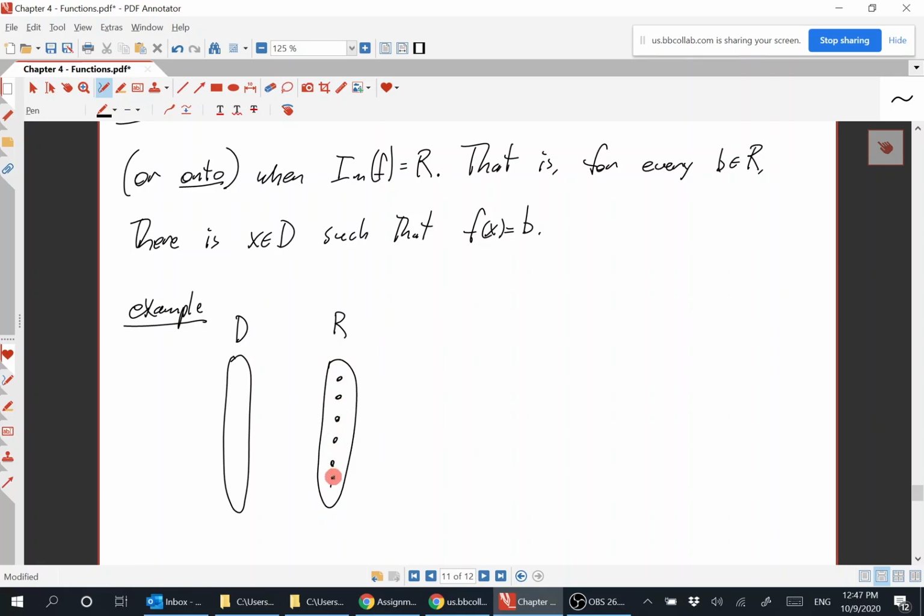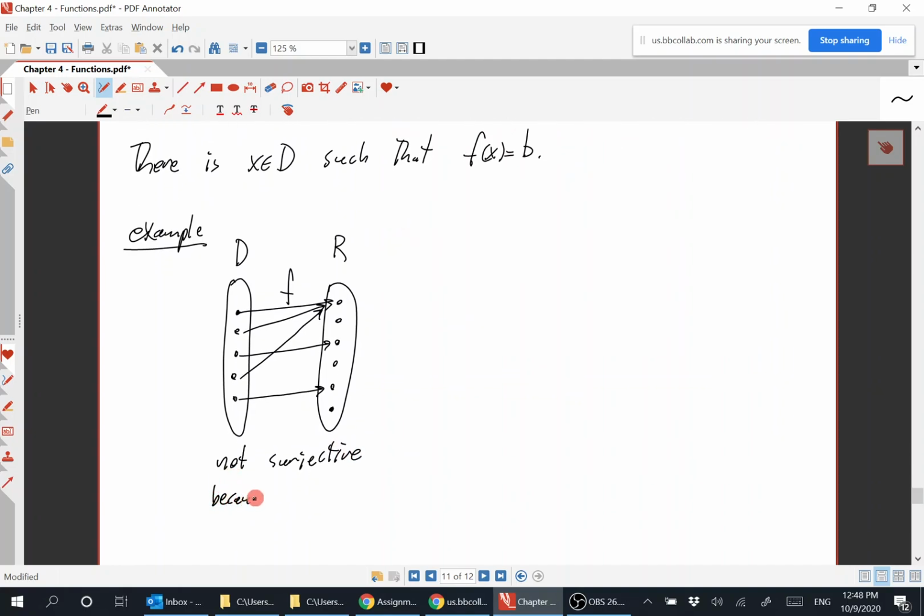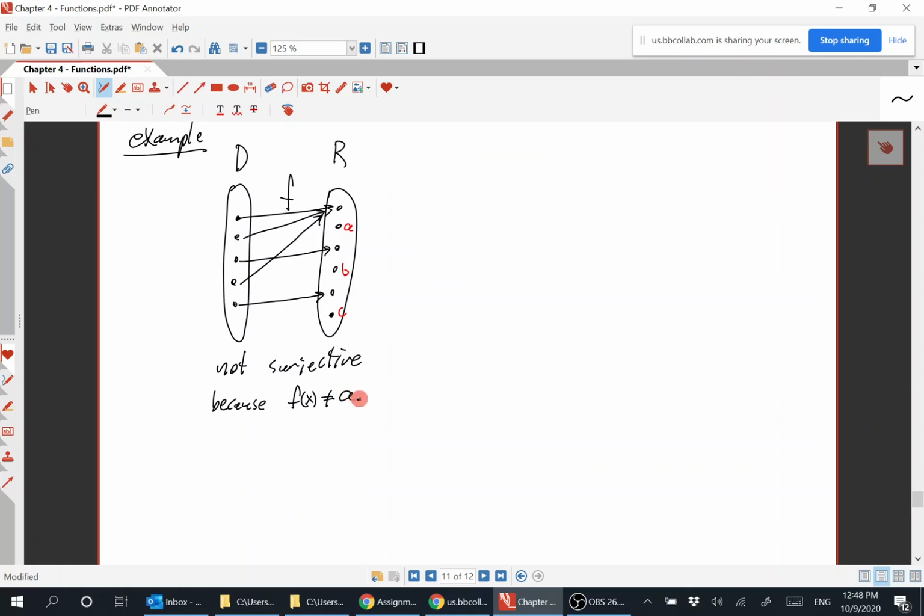If you've got something like that, this is not surjective because f of x is not equal to, so I'll label those elements, call this one A, this one B, this is C, is not equal to A for any x in the domain.